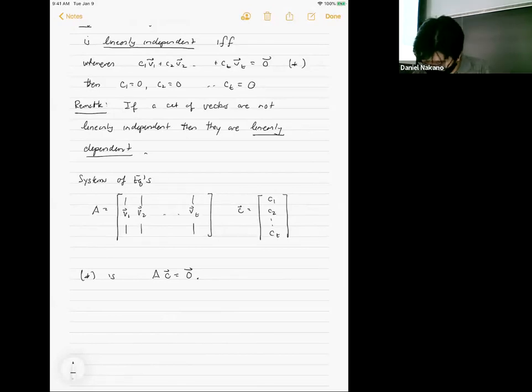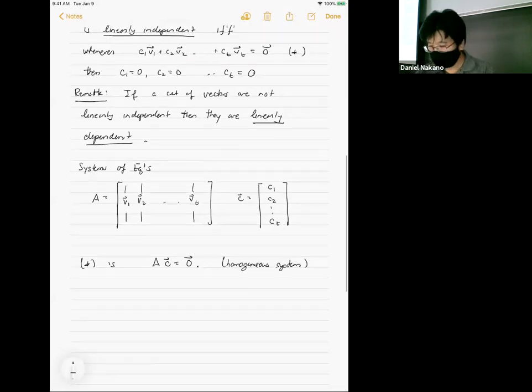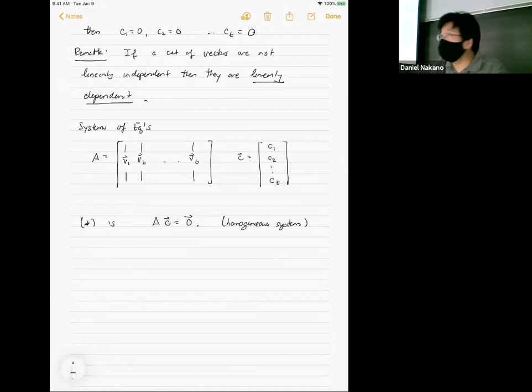We've seen this before. This is a homogeneous system. So now I can just say that the vectors are linearly independent if and only if the homogeneous system has only the trivial solution.